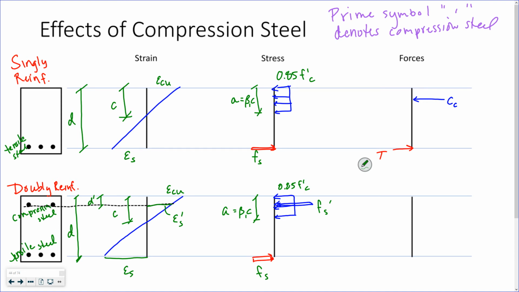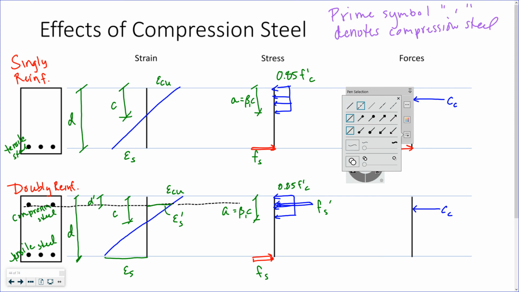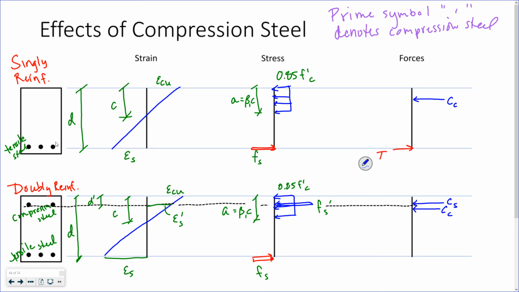I'm going to resolve these stresses into forces. I have my concrete compression force, C sub C, but I also have, if we just want to make sure, like we're going to follow this line, right? I also have a compression force in my steel that happens at the centroid of the compression steel at D prime.